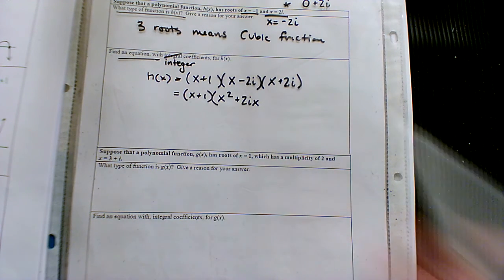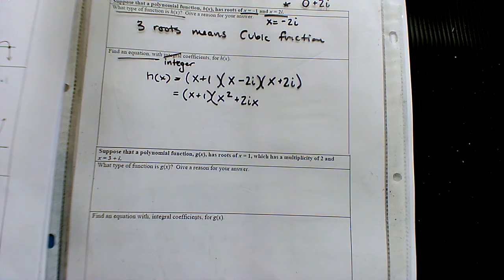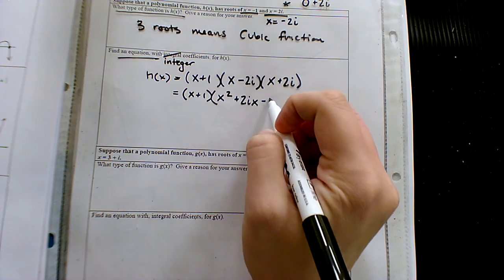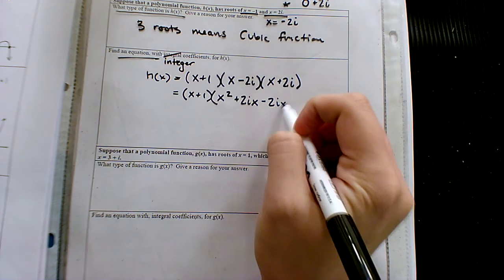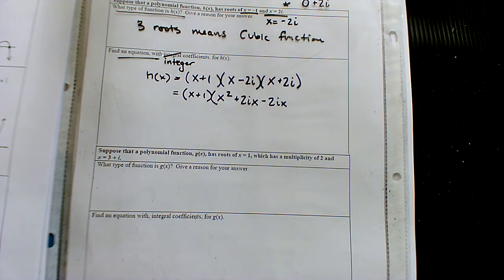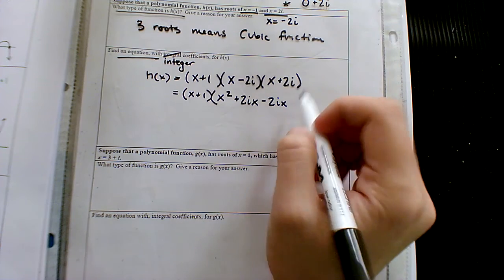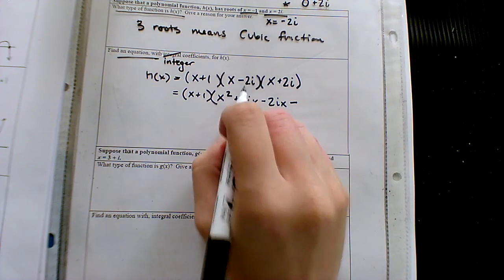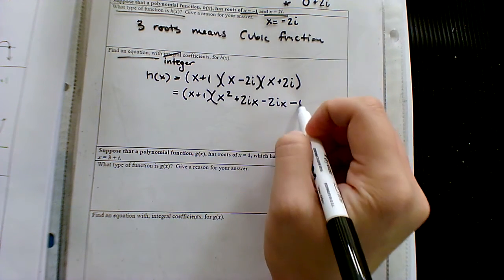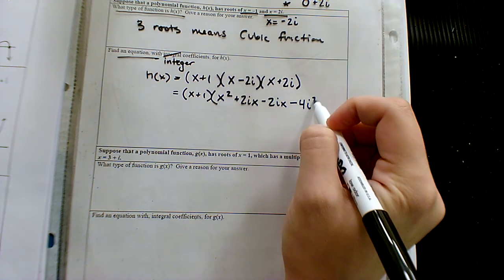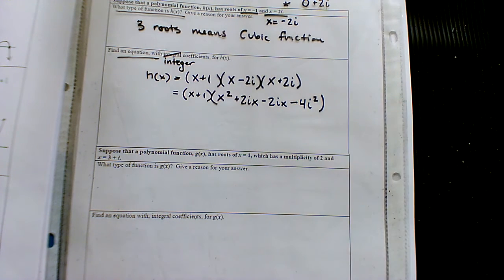The order doesn't matter because you're just multiplying them anyway. The insides would be negative 2ix. And then for the last terms, we're going to have a negative times a positive, so that's negative 2 times 2, which would be 4, and i times i, we can write as i squared, just like x times x would be x squared.